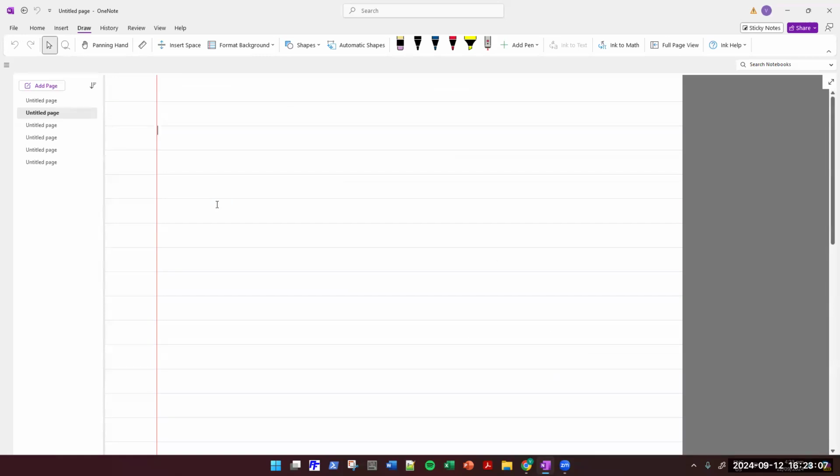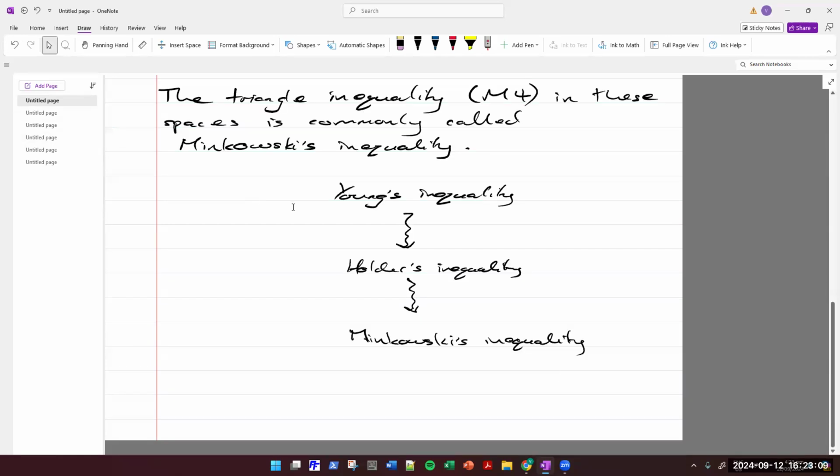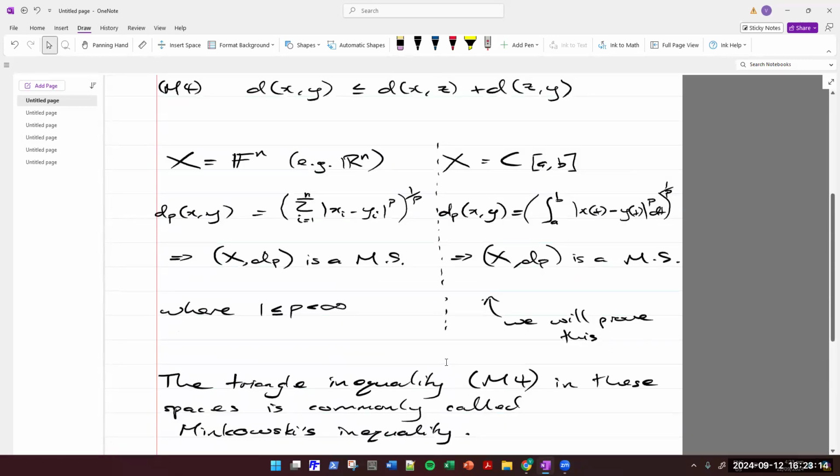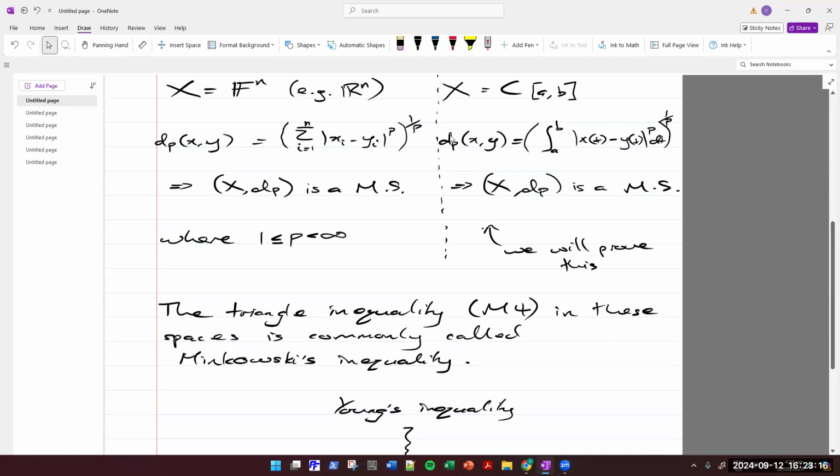So it's actually a bit of work just to get to Minkowski's inequality. Let's see if we could do that. Minkowski's inequality has different versions, and you might come across different versions of it. The one we're going to show is the version for this space, so we'll be using the integral. But if you ever see a version of it with a summation, then it's the same Minkowski inequality, just for the space F^n or R^n.